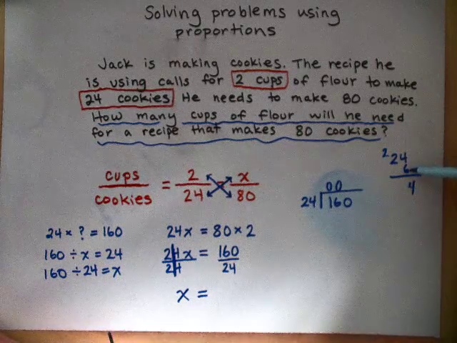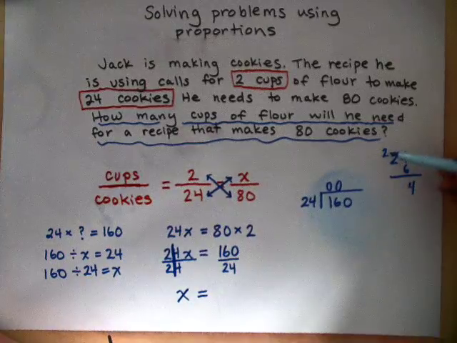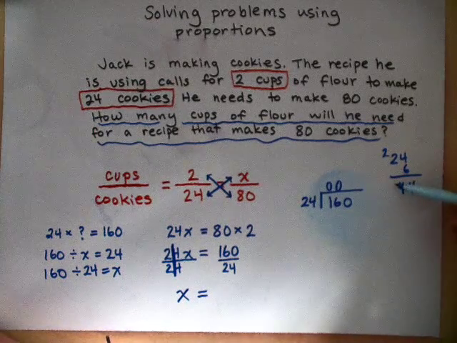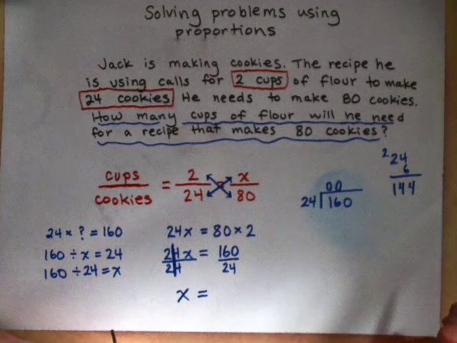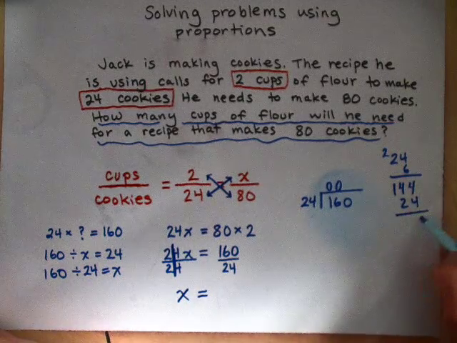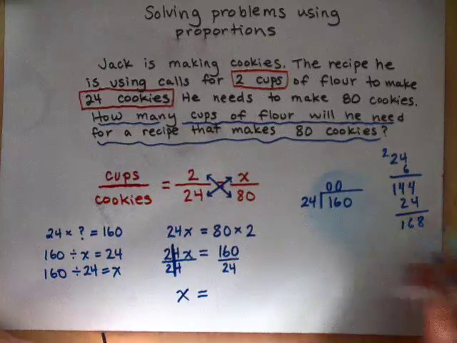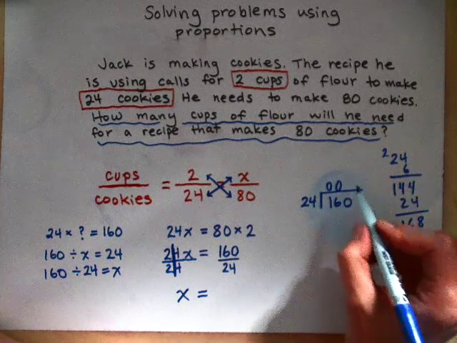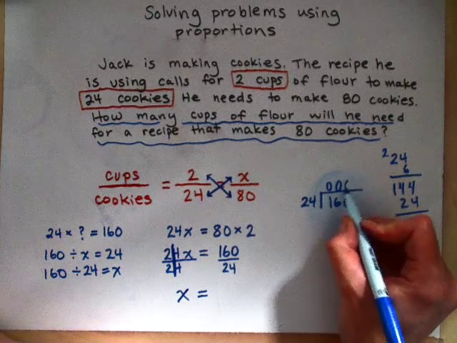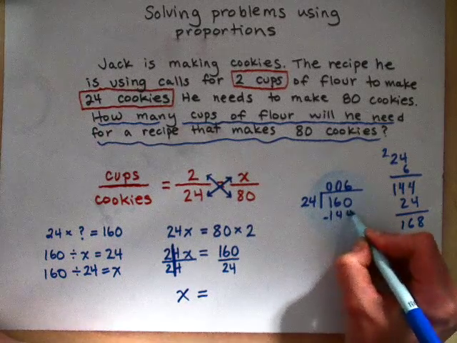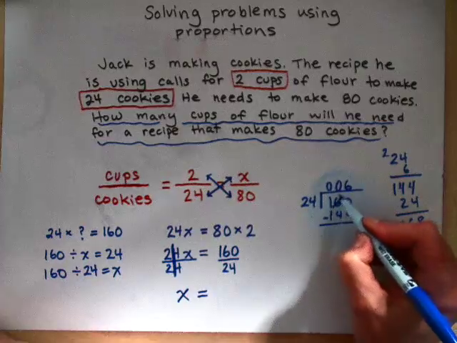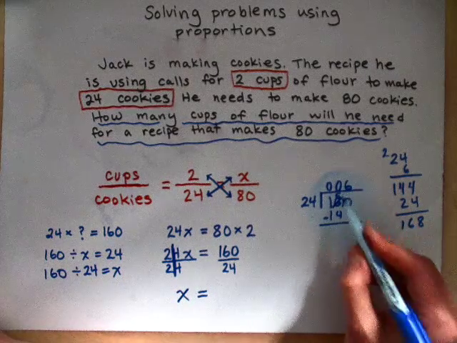Carry the 2. 6 times 2 is 12, 13, 14. That looks right, because you can't do another 24. I would have too much if I did another 24. Yeah, then I would go over. So I know it's got to be 6, and then I'm going to subtract 144.